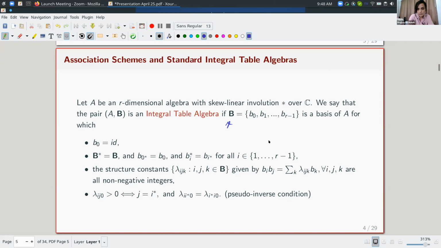Then the basis is star closed, and we have the structure constants of the algebra that are obtained by multiplication of two basis elements. Since we are talking about integral table algebras, these coefficients must be non-negative integers. And then the last property is the pseudo-inverse condition for table algebras.